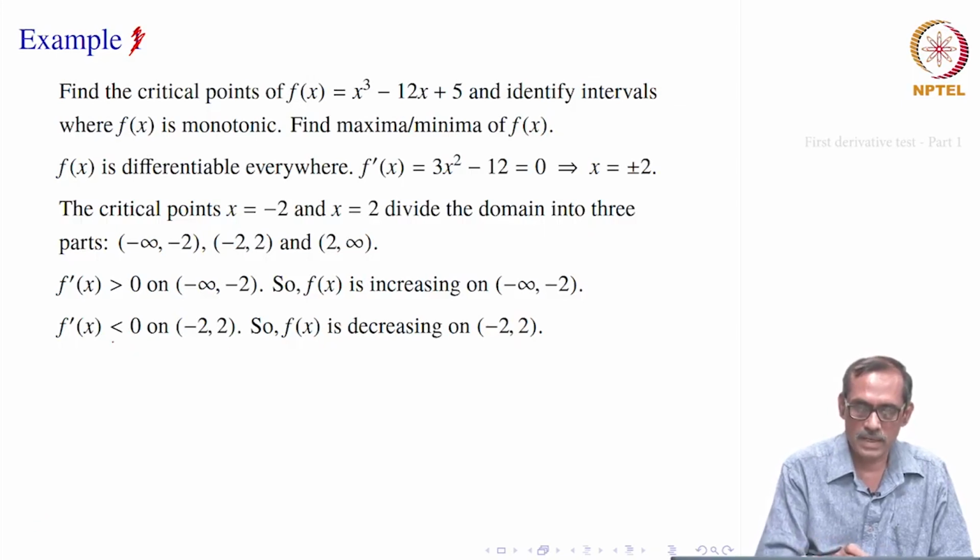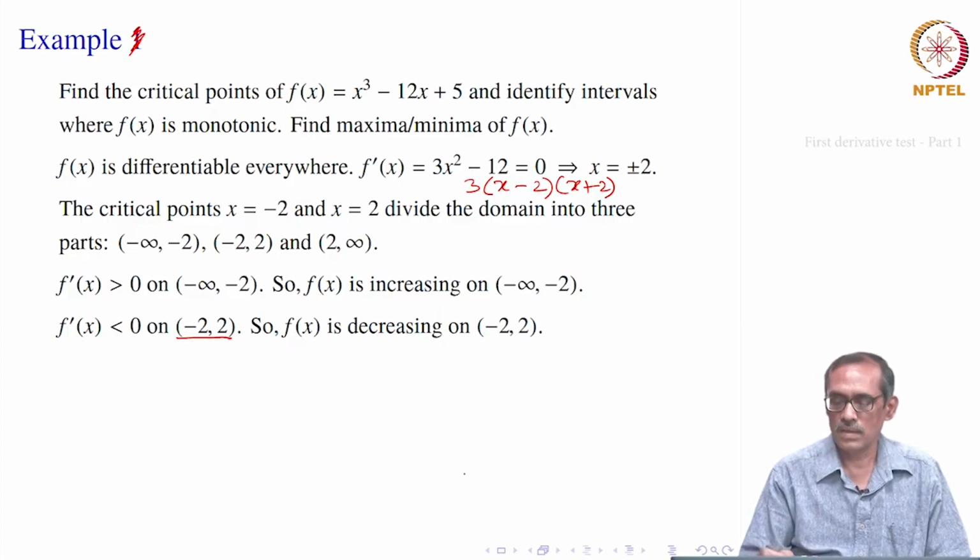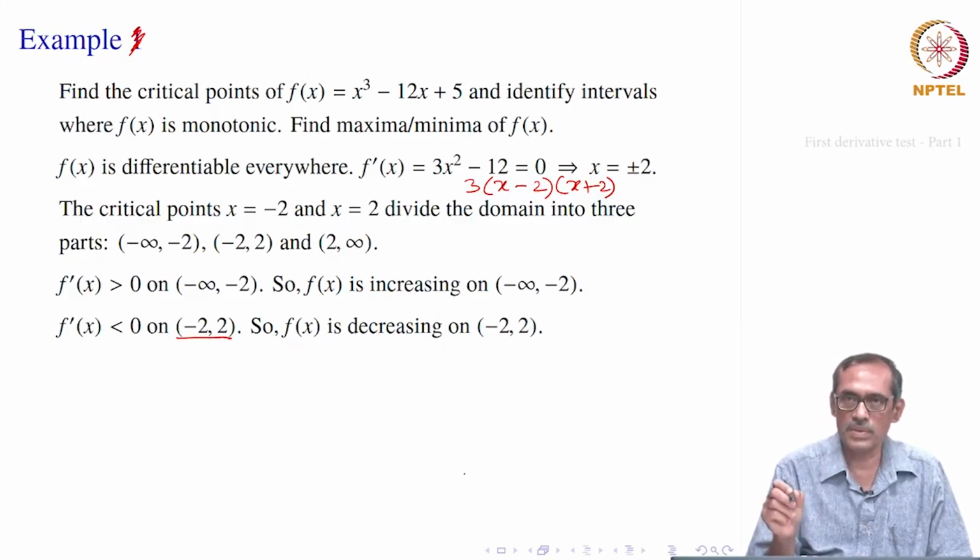Similarly, if you take f prime x, whether it is positive or negative inside the interval minus 2 to 2, you see that f prime of x equals 3 into x minus 2 into x plus 2. Inside the interval, if you check any x, one of them will be positive, one of them will be negative. x plus 2 will be positive, x minus 2 will be negative.